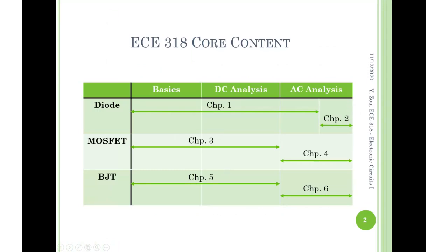So I'm bringing up this summary table once again.